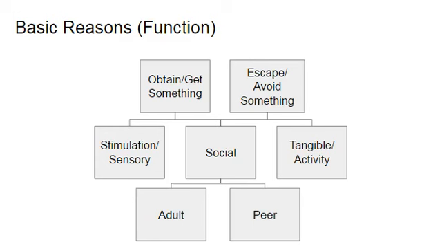Function explains why behavior occurs. We can now teach a replacement behavior that meets the same or similar function. The child's needs are still being met, but with a more effective behavior or one that works better in school, also known as a pro-social behavior.